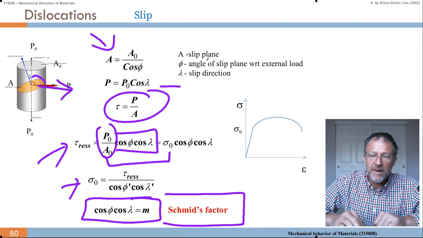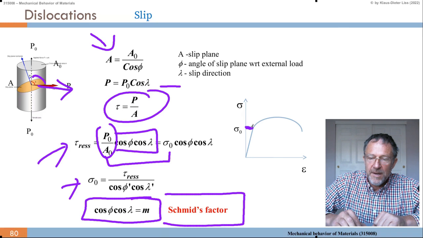So please learn it. A is a slip plane, and here these are the angles. And sigma 0 is when it starts to flow. So this is the critical resolved shear stress divided by these cosines. I think that's why they put the primes there for the critical.